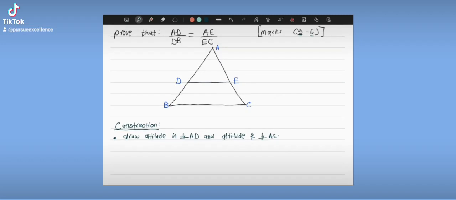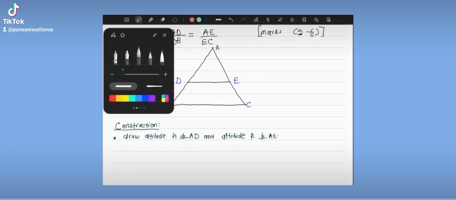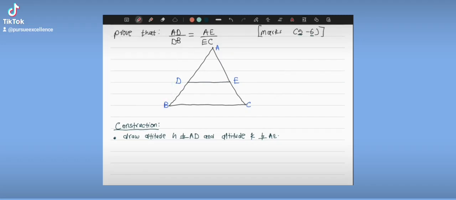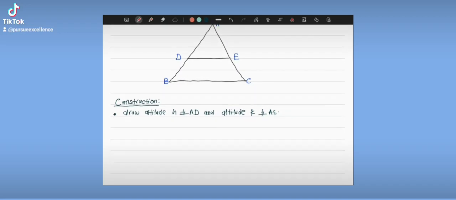Okay, so let me select another pen here to draw this altitude. The first altitude for me to indicate is the altitude h, and this altitude h must be perpendicular to the line AD.